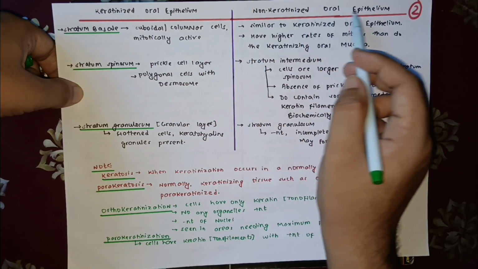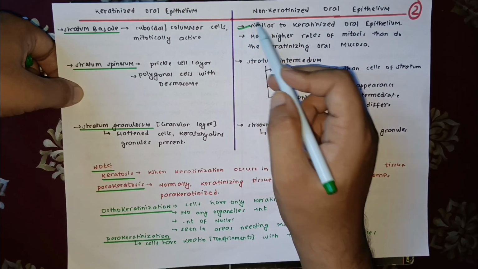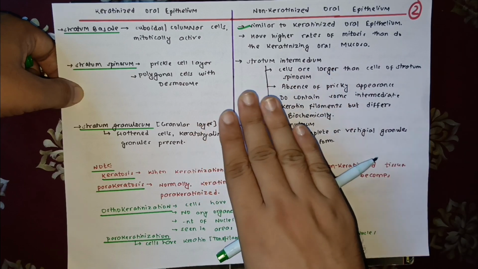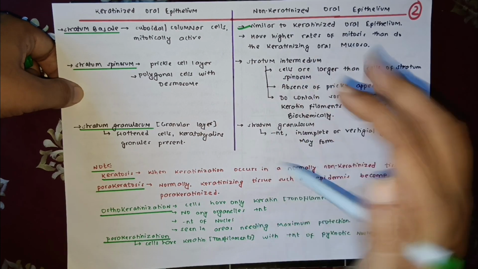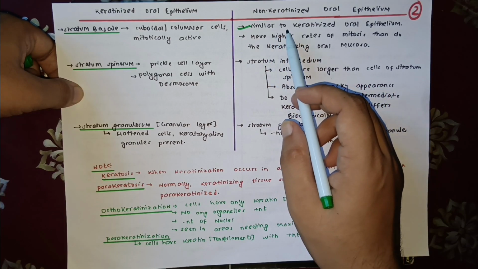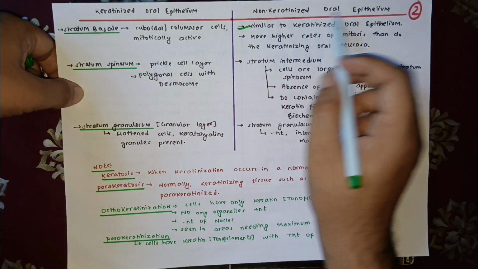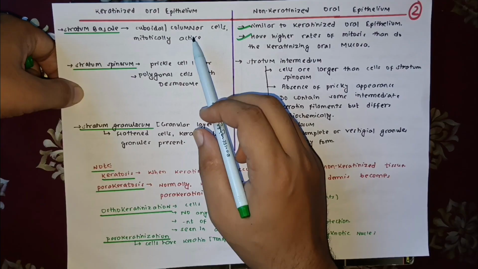Similarly, in non-keratinized oral epithelium they are similar to keratinized oral epithelium, so in the stratum basal layer there is not much difference. Both have mitotically active cells, but the rate of mitosis is higher in non-keratinized oral epithelium and not as active in keratinized oral epithelium.